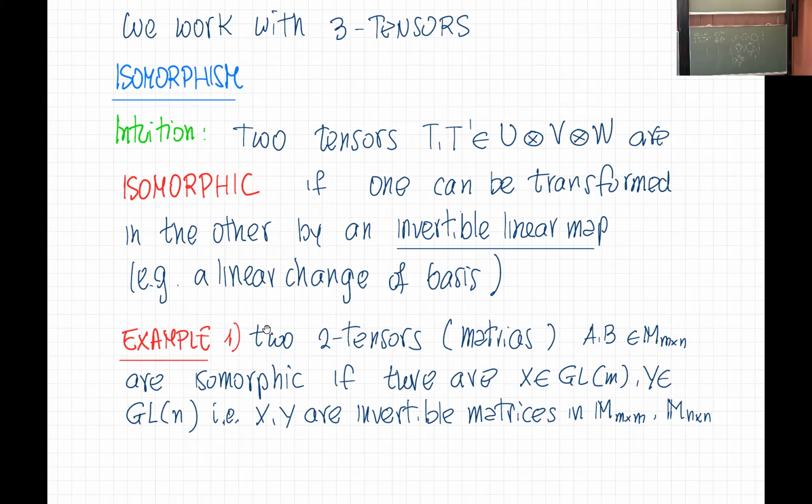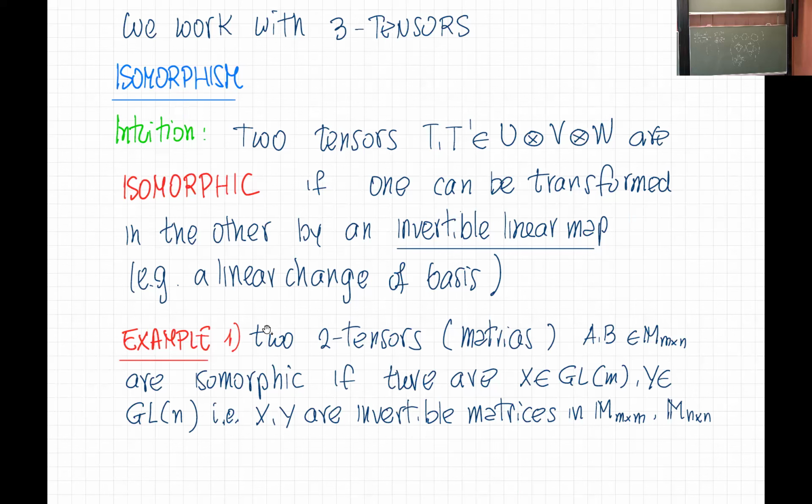We will always move in this product of three vector spaces; I will explain why. We say that T and T prime are isomorphic if they can be transformed one into the other by some invertible linear map, for example a linear change of basis. Of course, an invertible linear map can be represented as a square matrix. Let me show you an example.